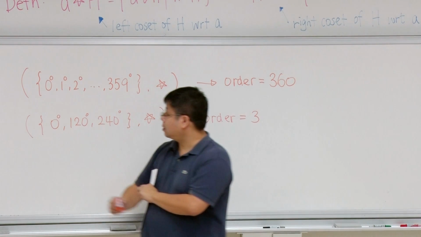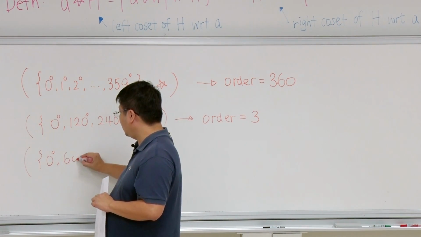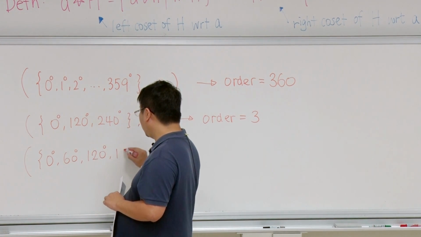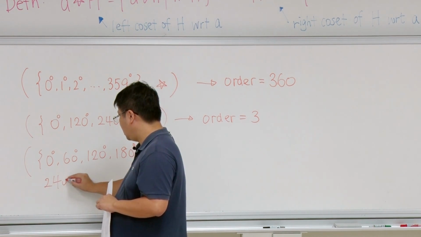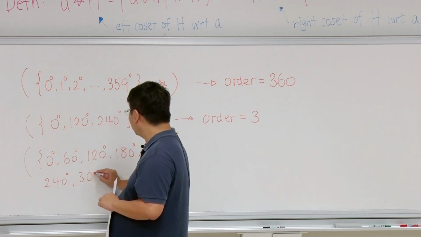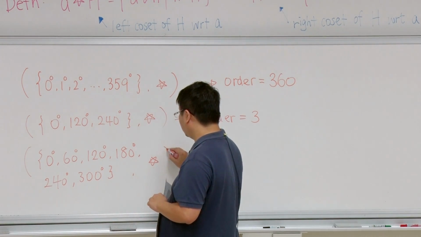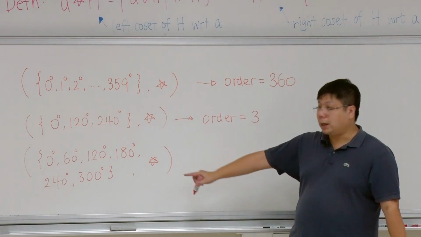Well, maybe this one: 0, 60, 120, 180, 240, 300, together with this star operator. This is also a subgroup. Why is it a subgroup?